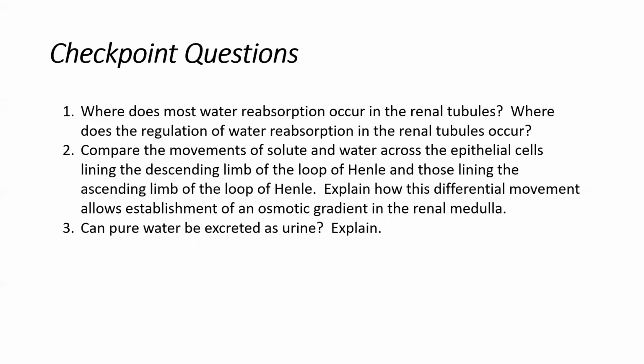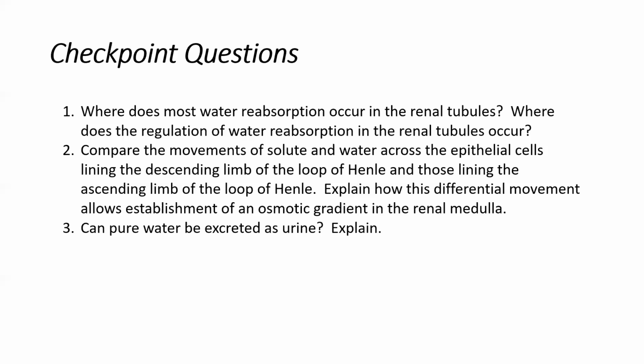Remember, the descending limb of the loop of Henle is only permeable to water and not permeable to solutes, whereas the ascending limb, the limb that curves back up, is only permeable to solutes and not permeable to water. So in order to establish this gradient, the ascending limb pumps solutes into the medullary interstitial fluid. The descending limb will then try to correct that gradient by moving an equal amount of water into the medullary interstitial space, and then more water moves into the tubule, and that happens again and again until we get to this steady state.